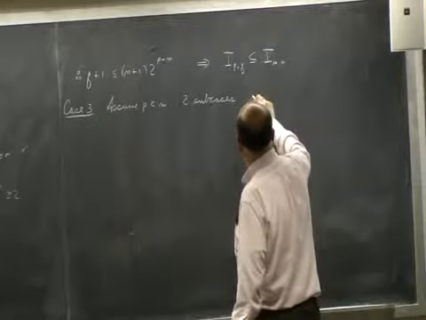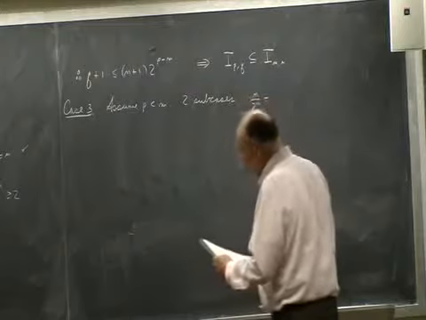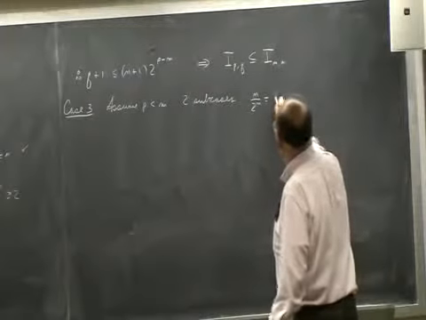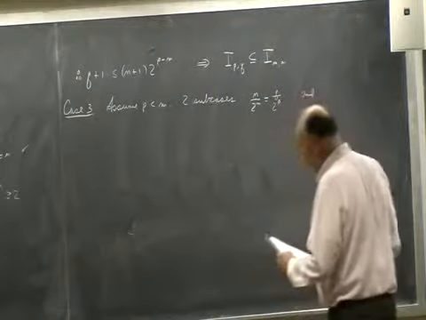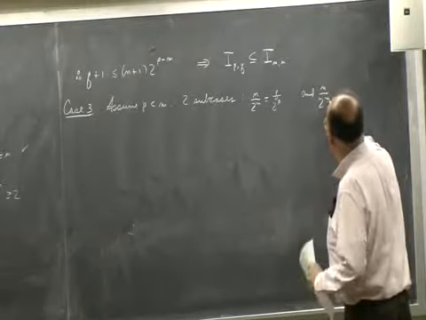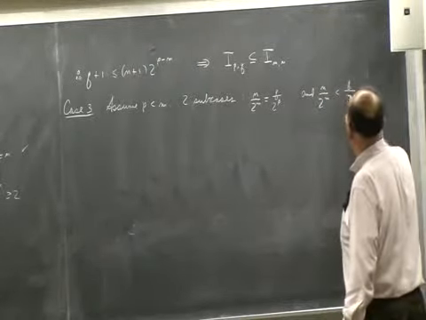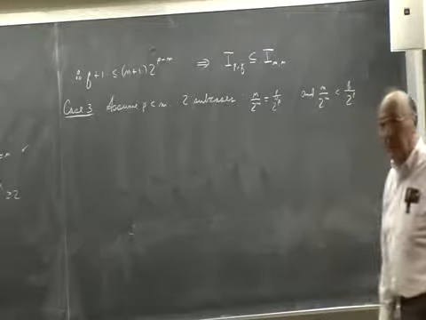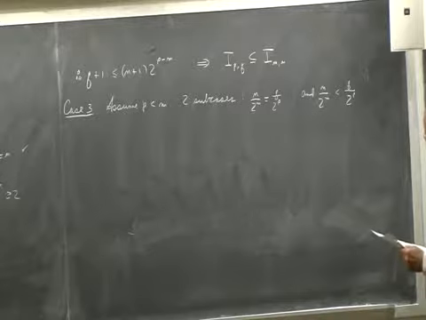Namely, N over 2 to the M is equal to Q over 2 to the P, and N over 2 to the M is less than Q over 2 to the P. I probably didn't have to do that, but I was just trying to be systematic.